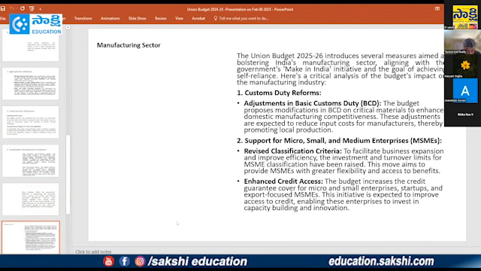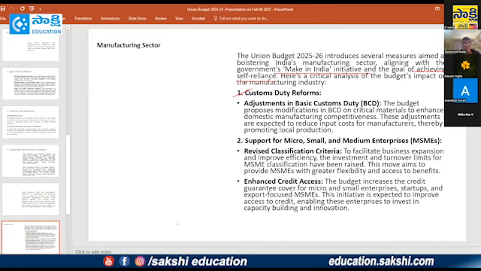program. And manufacturing sectors, if we see, then we will find the Union Budget 2025-26 introduces several measures aimed at bolstering India's manufacturing sectors, aligning with the government's Make in India initiatives and goal of achieving self-reliance. Number one, customs duty reforms, adjustments in basic customs duties.